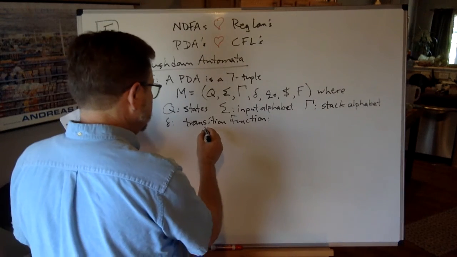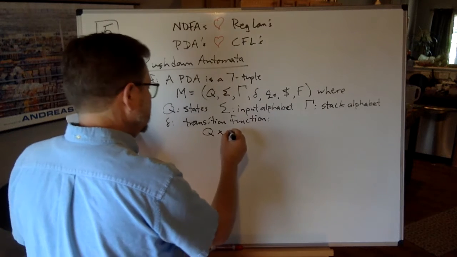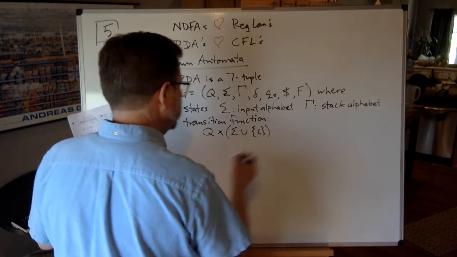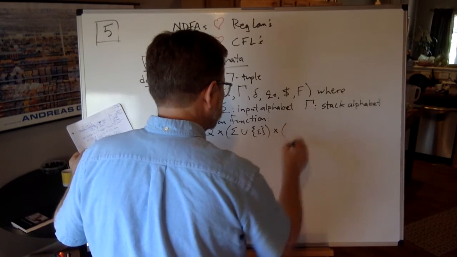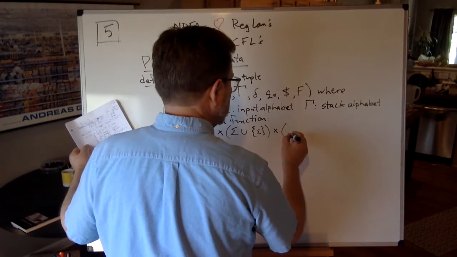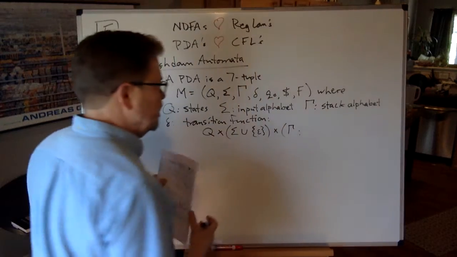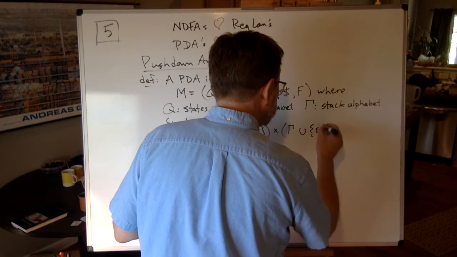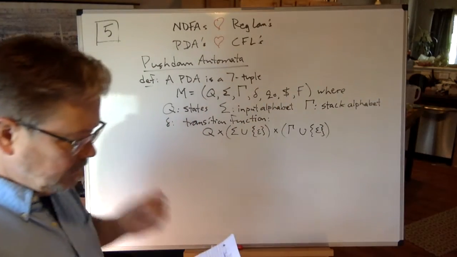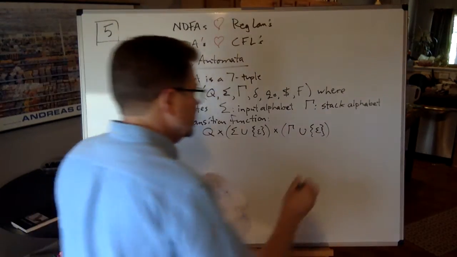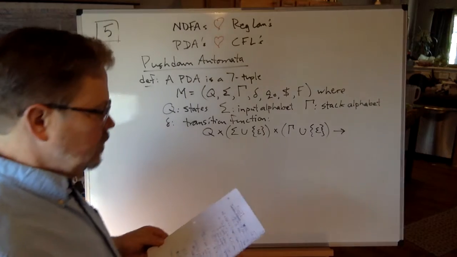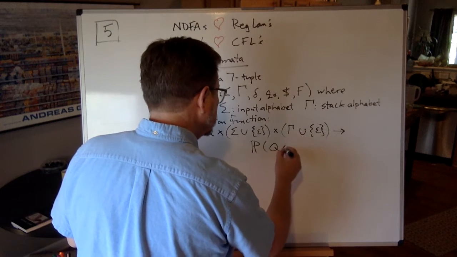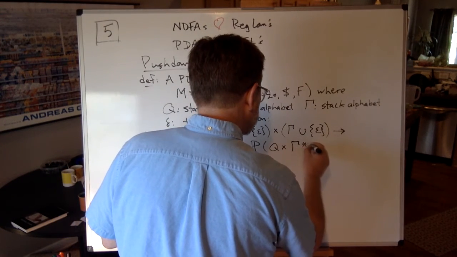It goes from Q cross, in parentheses, capital sigma union the symbol for the empty string, close parentheses, cross, parentheses again, capital gamma union the set containing just the empty string, and takes an element of that to an element of this, the power set of Q cross capital gamma star.